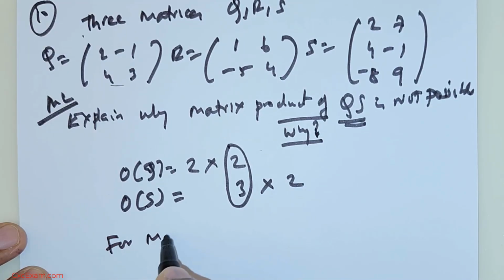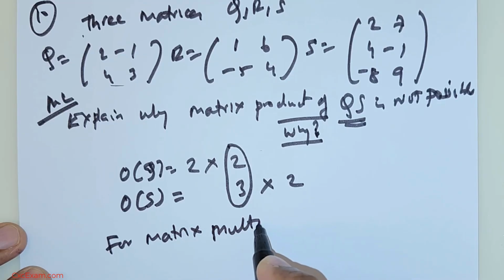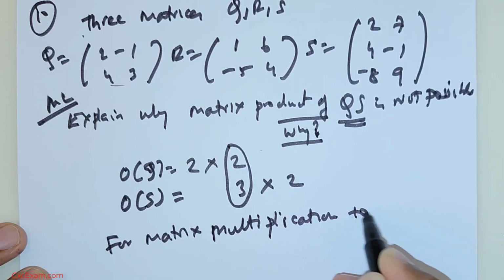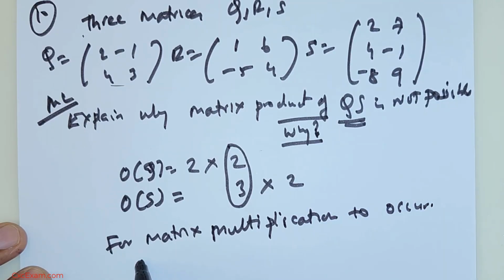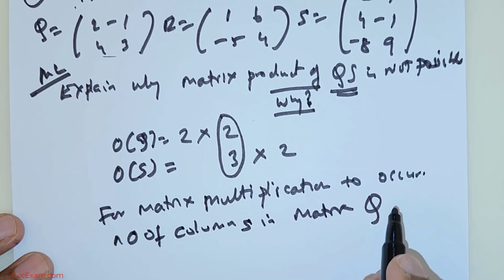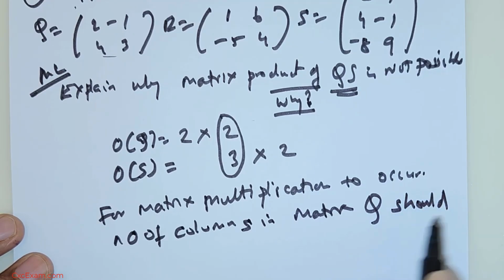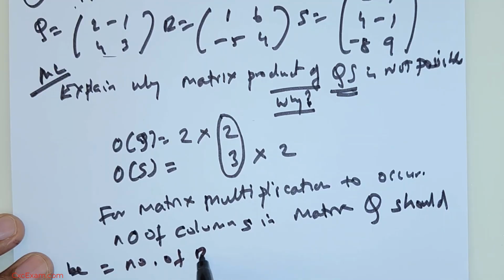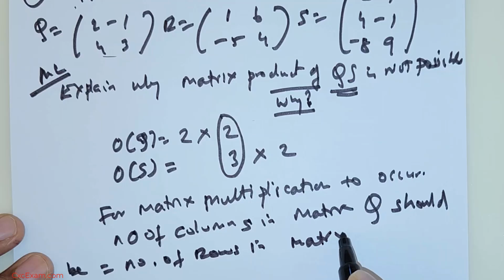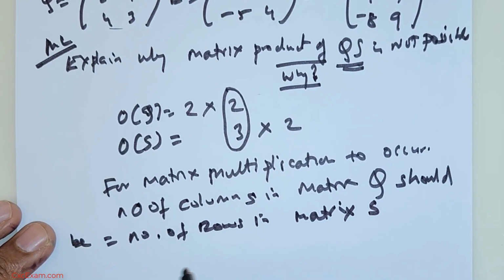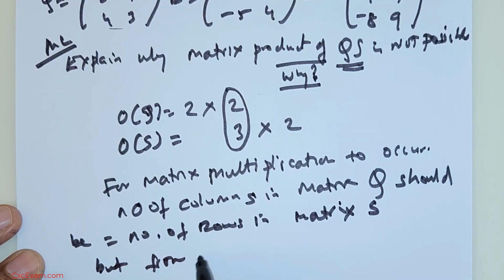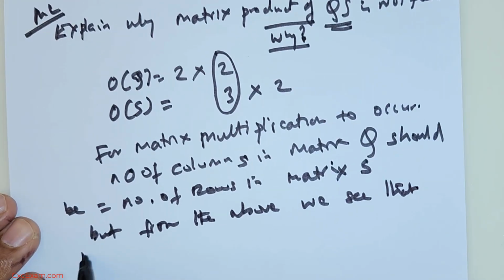So I'm going to state the reason. For matrix multiplication to occur, the number of columns in matrix Q should be equal to the number of rows in matrix S. But from the above, we see that they are not equal.